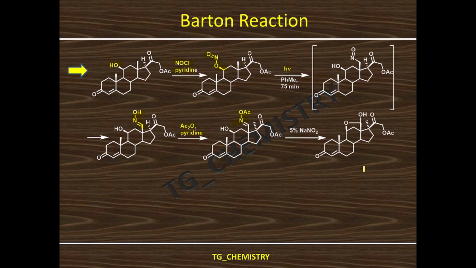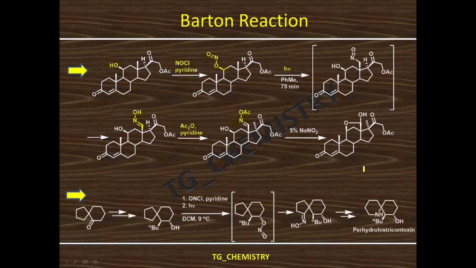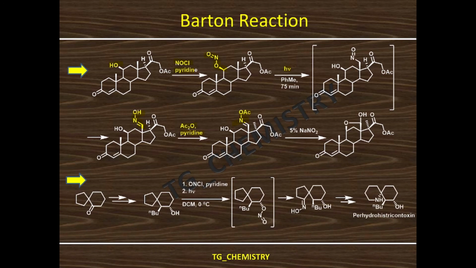So as I said before, that is why these reactions are important. There is another reaction, and these are very important because specific types of reaction, substrate and product are involved. This is for the generation of perhydrohistrionicotoxin.